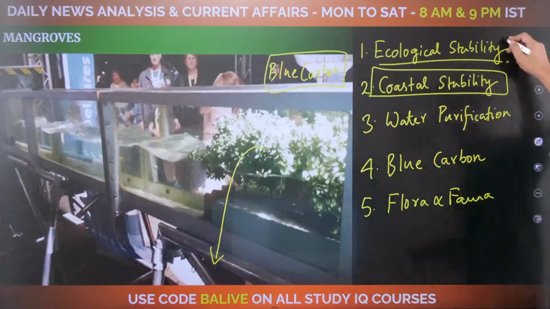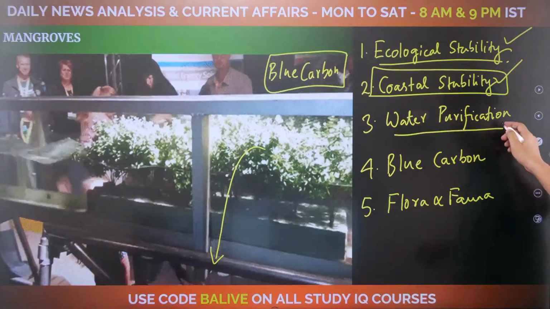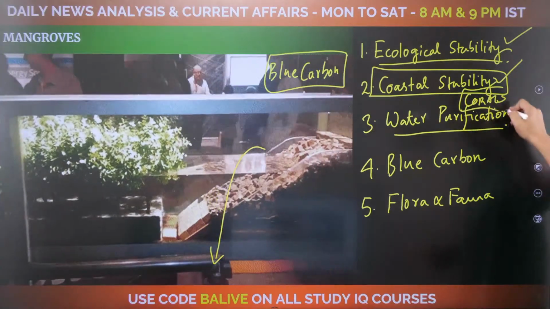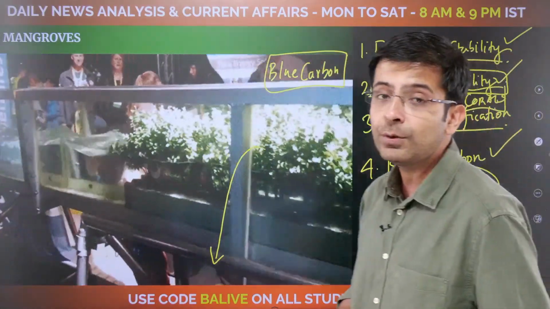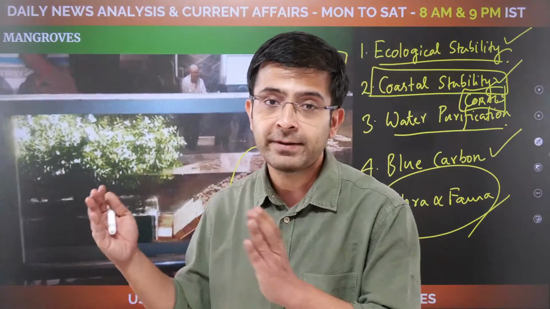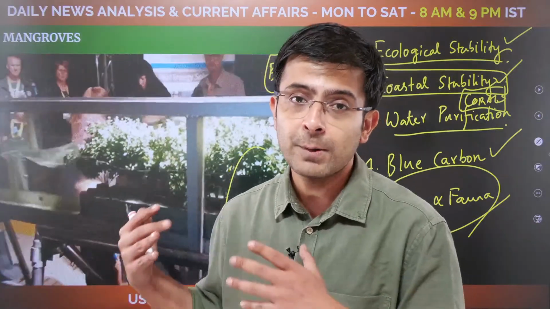So you're looking at ecological stability, coastal stability, like I told you, water purification, especially useful for corals. Okay, blue carbon, and finally they support a huge network of flora and fauna. Wherever you go, you will find a huge number of migratory birds or animals, insects, reptiles, even different types of plants, all of that are able to exist.